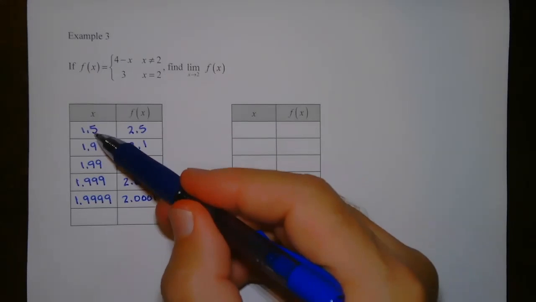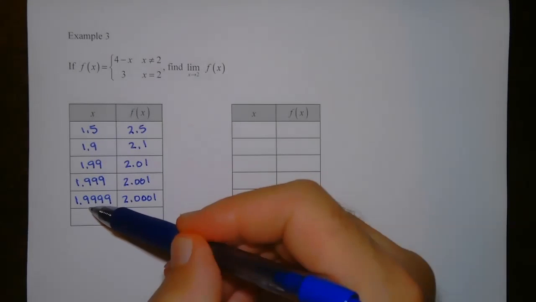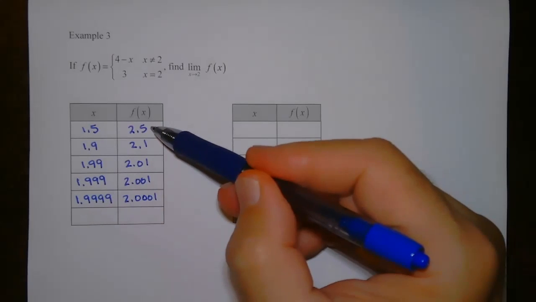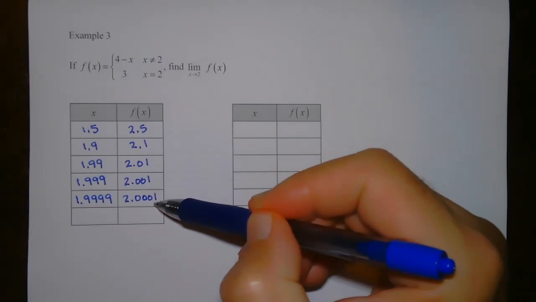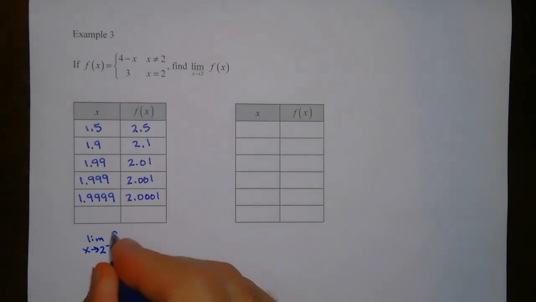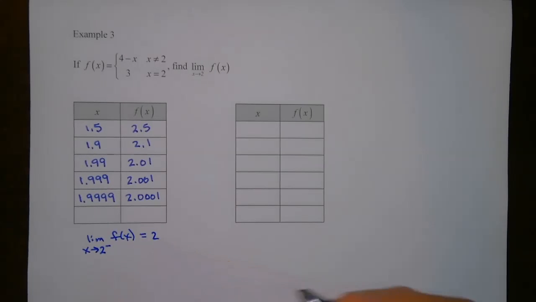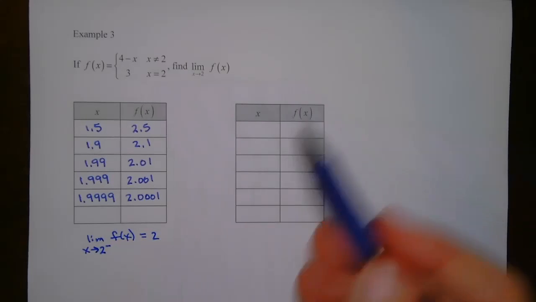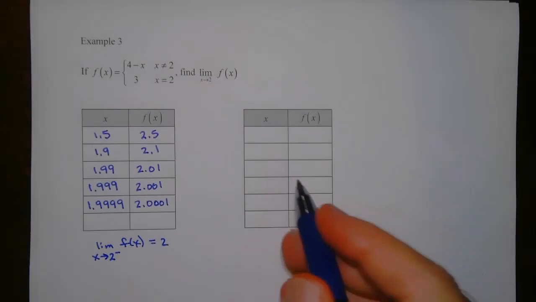And so the x's are getting closer and closer to 2, but all of these are to the left of 2. Our function values or our y values look like they're getting really, really close to 2. So we'd write the limit as x approaches 2 from the left of our function f of x is equal to 2. And so remember, f of 2, though, is 3, right? So that's different, right?